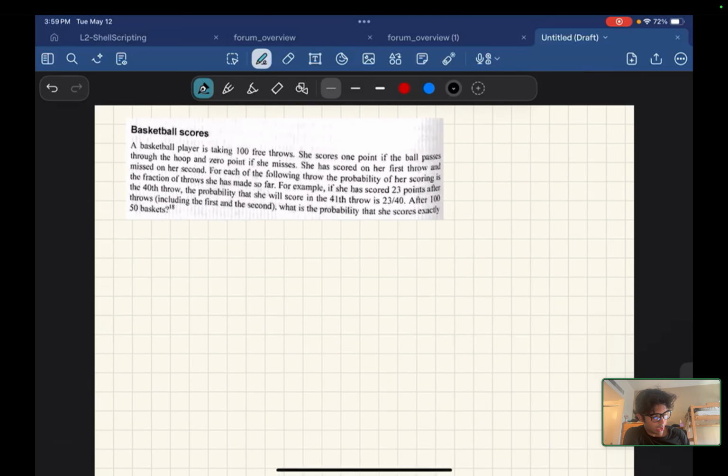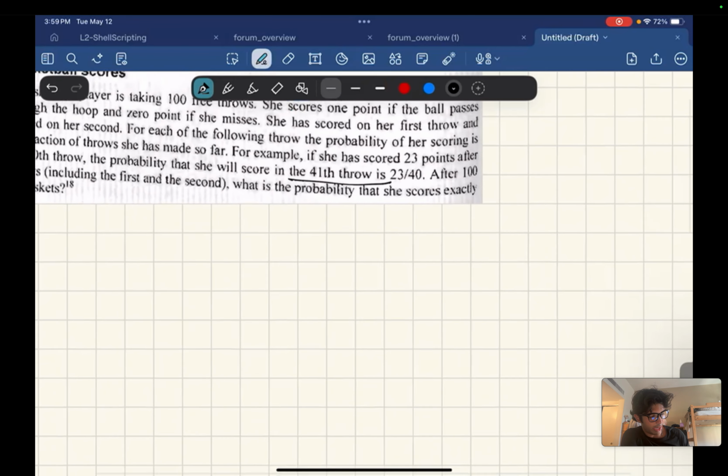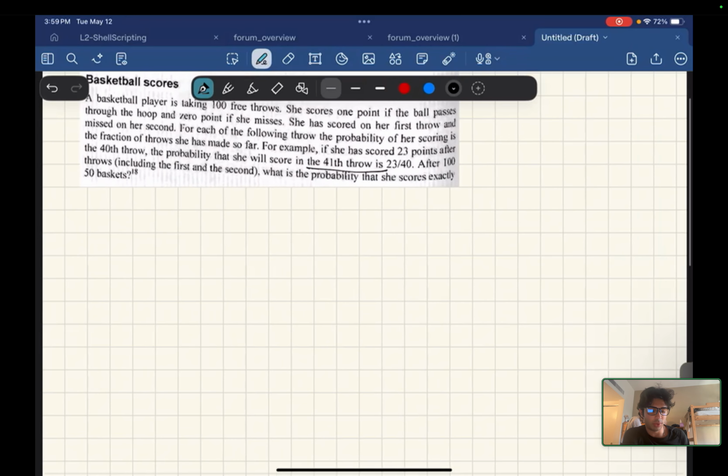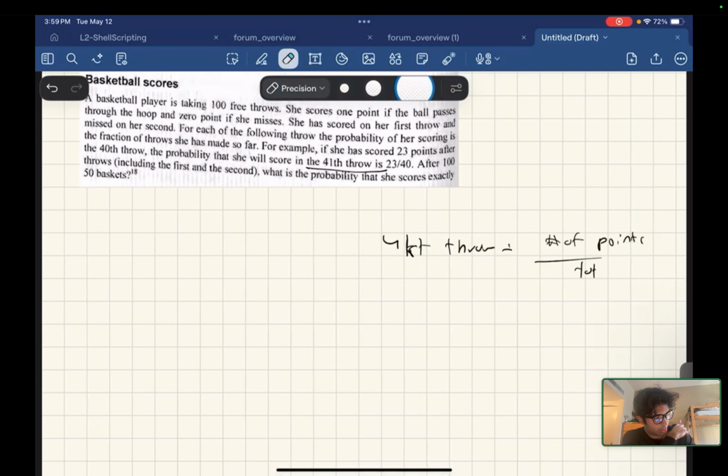So the example I gave here, it was on the 41st throw, and she's made 23. On the 41st throw, the probability is number of points over total throws.